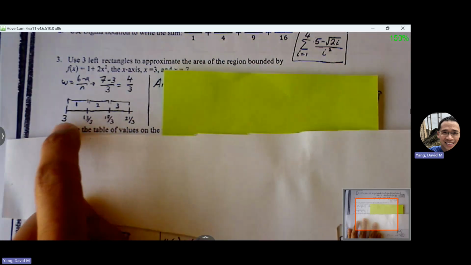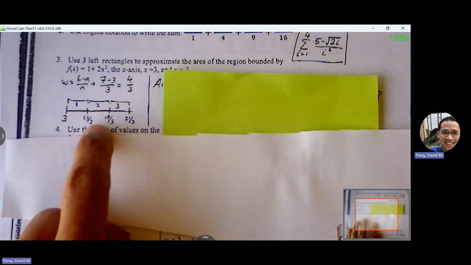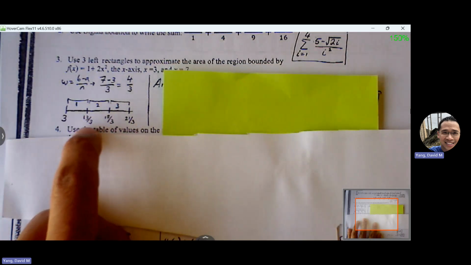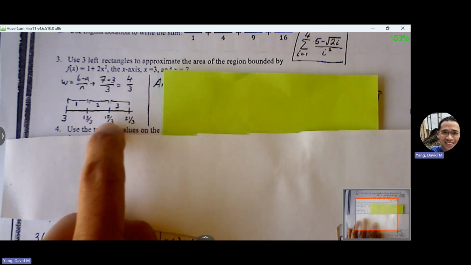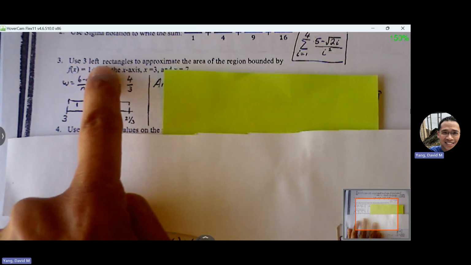Okay, so first rectangle, we want to use f of 3 as the height. For the second rectangle, we want to use f of 13/3. Third rectangle, we're going to use f of 17/3, because we want the left endpoint for each.